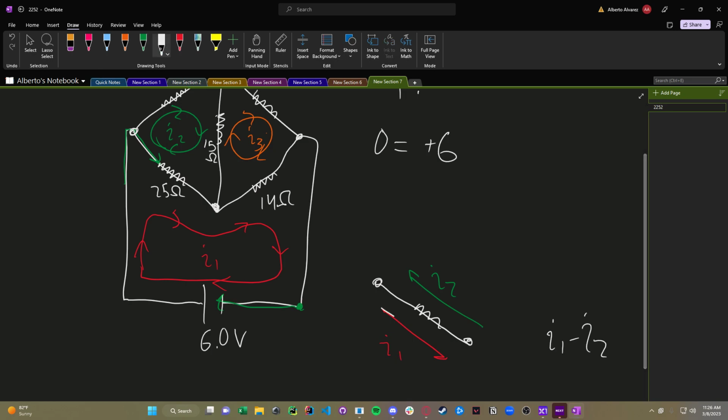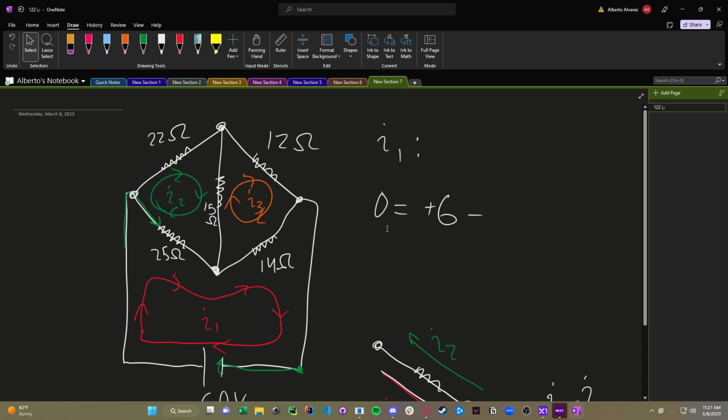No matter what, I2 is going to be going against I1. It's more of a directional thing. We always drop voltage when we pass through a resistor, so minus 25 ohms times I1 minus I2.